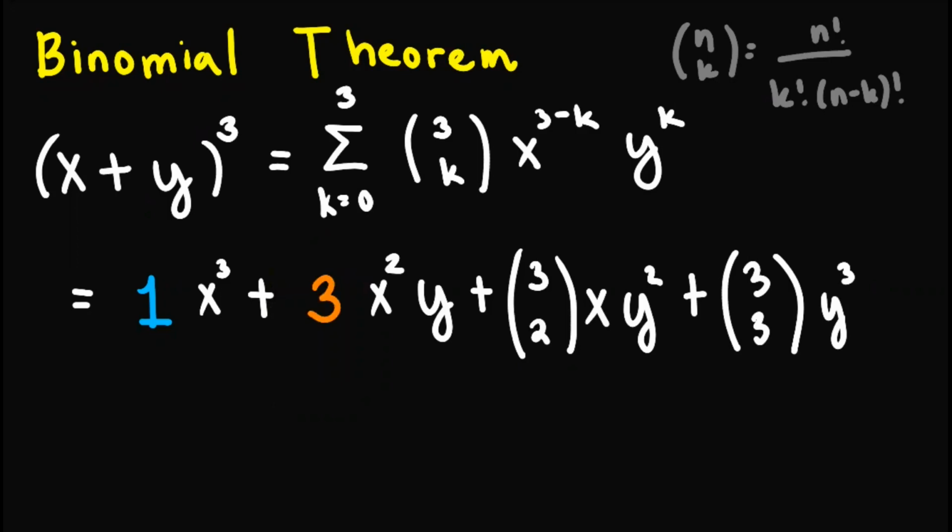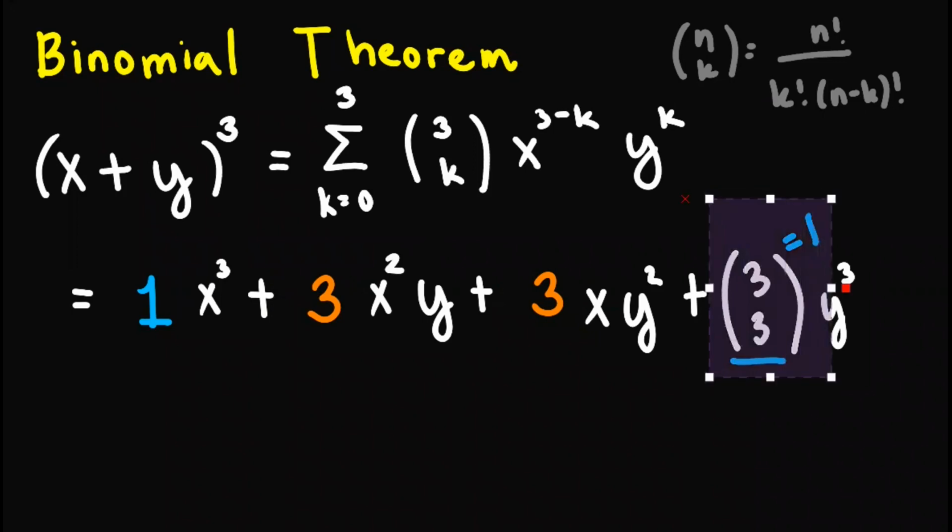Now you can verify that 3 choose 2 out here is actually equal to 3 as well. So let's remove that one. And also, 3 choose 3 out here is actually just equal to 1.